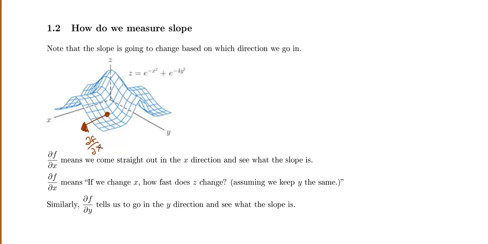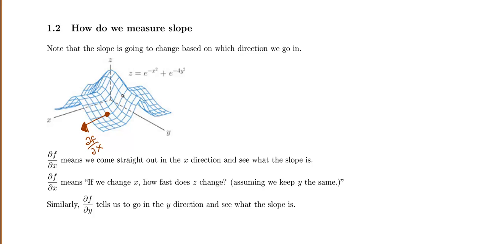So we do a partial derivative with this little funky d, and because we check the slope going straight in the x direction, we would say it's the derivative with respect to x, or this is kind of the slope with respect to x. So if you go straight in the x direction, that would tell you what the slope is with respect to x. Notice that y stayed the same. We didn't change the y, we just checked the x.